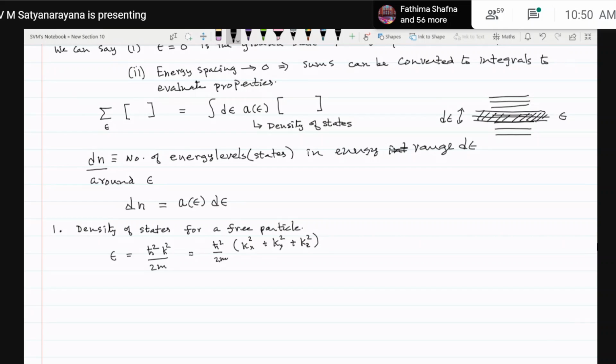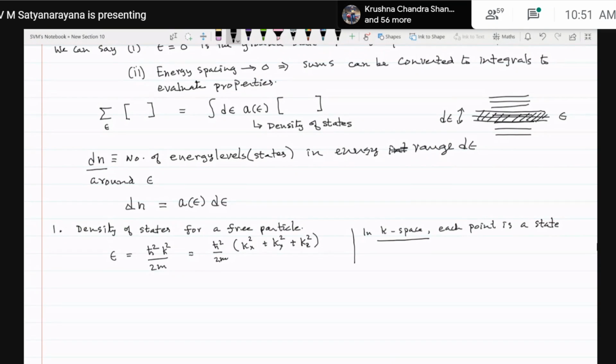Okay, so you notice that in k space, each point is a state. So if you want to find out how many states or how many points are there, it is better to go to k space and then work it out.